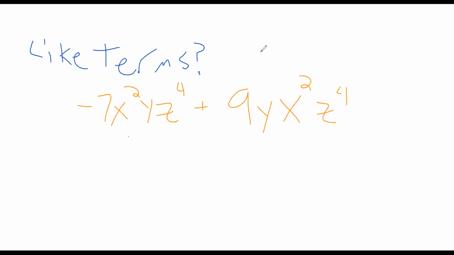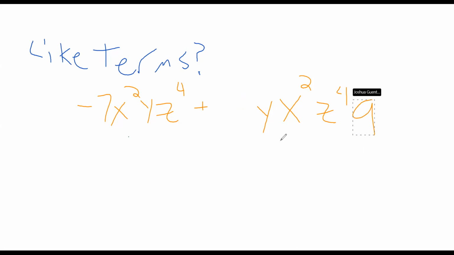It looks like they're not like terms because the x's and y's are in different order. That's okay. Remember, you can multiply in any order you want. So while they're not in the same order, I can flip the order of multiplication. If I really wanted to, I could put this 9 at the end.